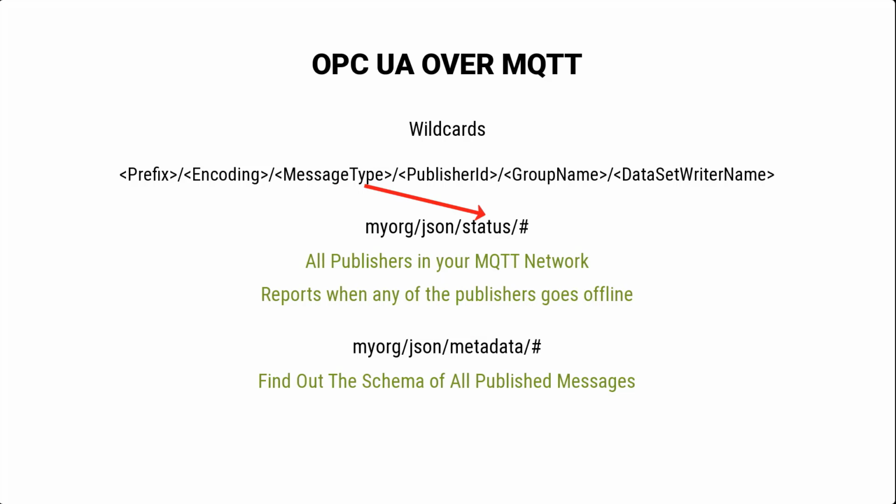For example, status provides information about publishers, which is at publisher ID level, while metadata provides information about the schema of all the messages, which is at dataset writer name level. That's essentially how message types work using the recommended topic tree. However, status and metadata are not the only message types that are available for providing system-related information.